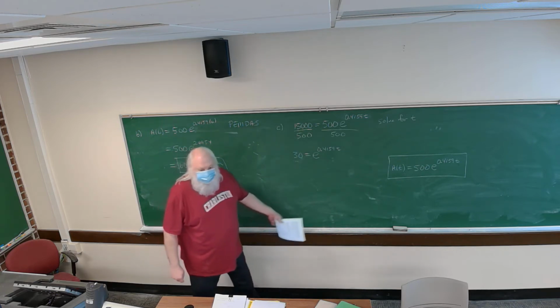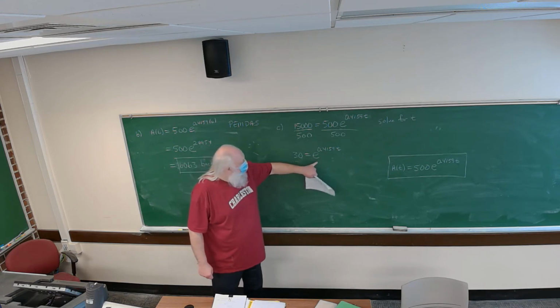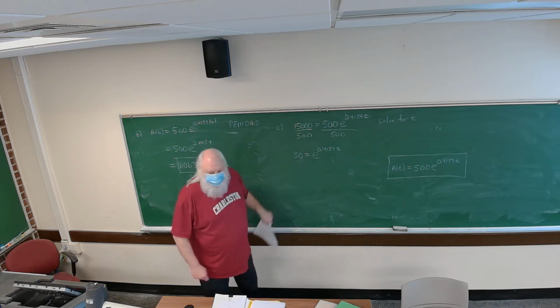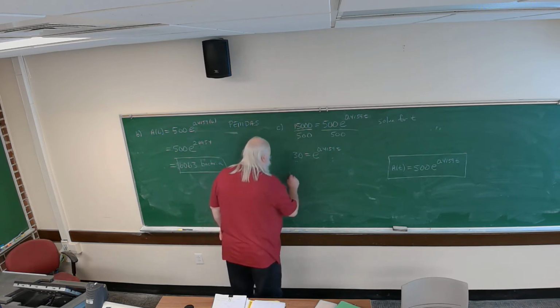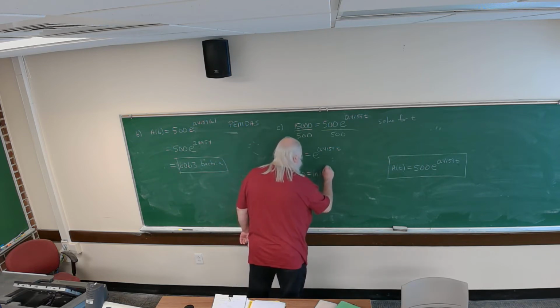And now again, T is in the exponent of the number e, so to isolate T on the right hand side, we got to take the natural log of both sides. So we have the natural log of 30 on the left. It's equal to the natural log of e raised to the 0.4159 T power.